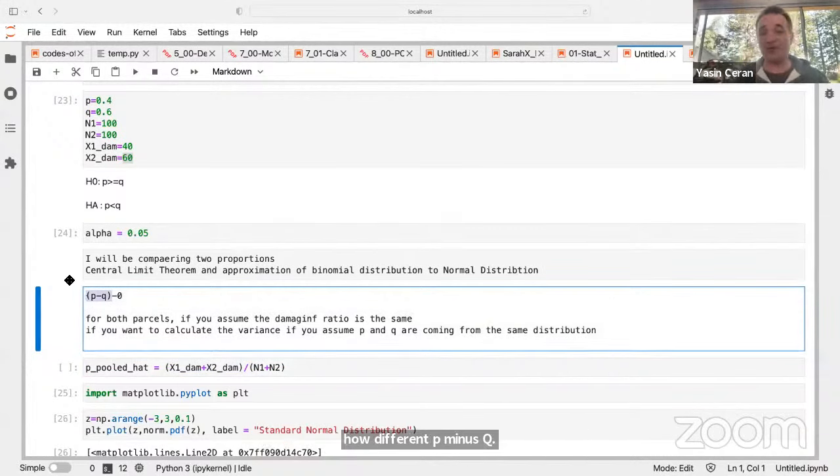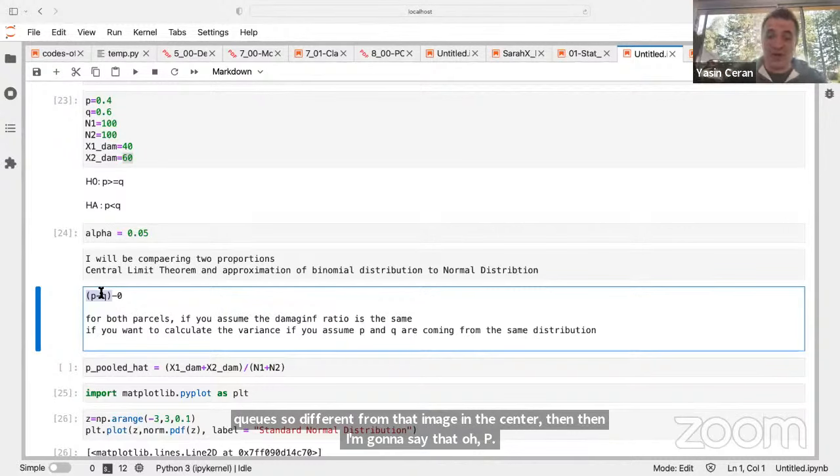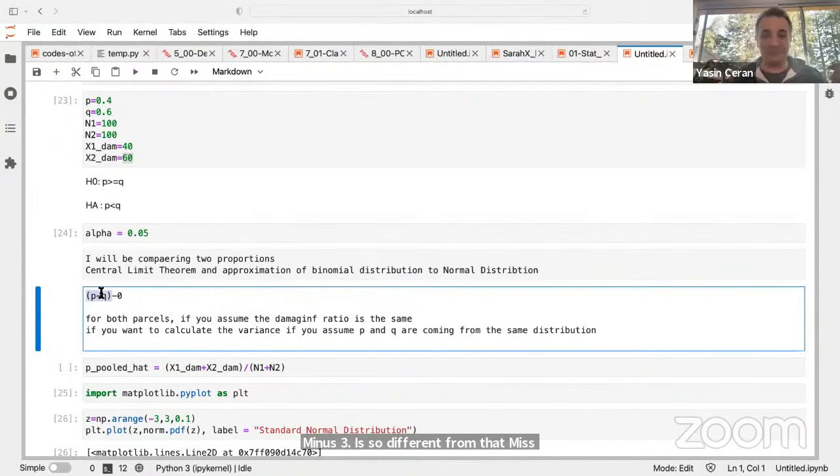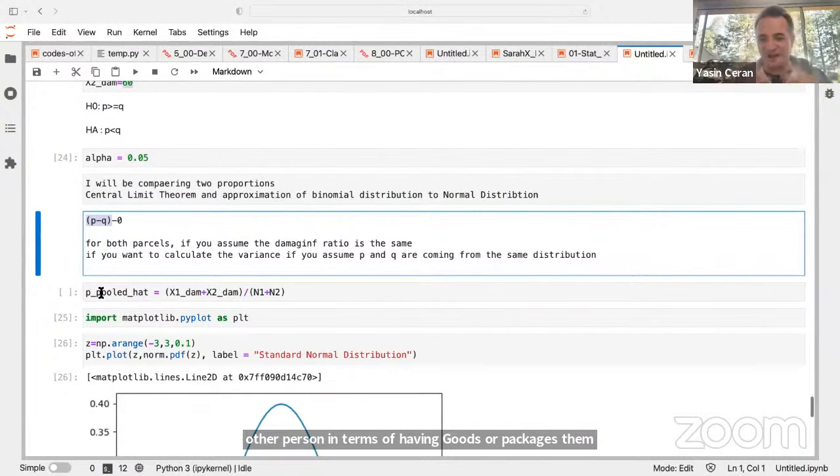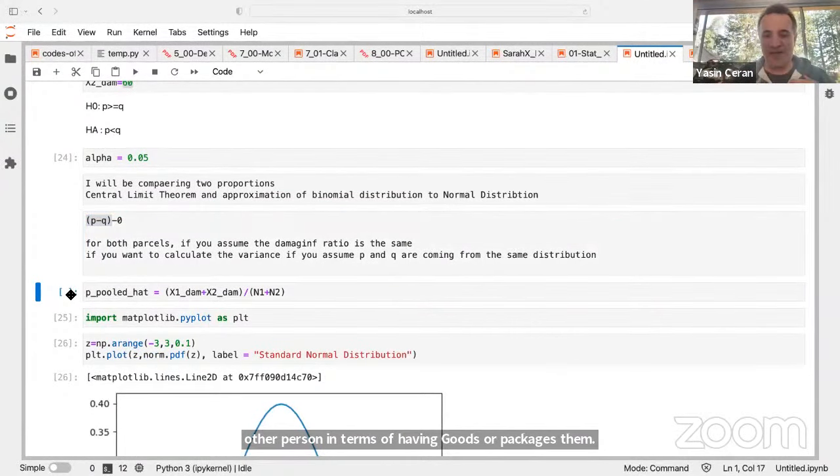If P minus Q is so different from 0, that means P and Q are so different from each other. That means one parcel is different from the other in terms of having damaged packages. So that is the logic. I hope I'm able to explain what I'm thinking.